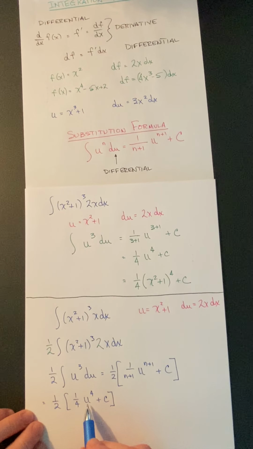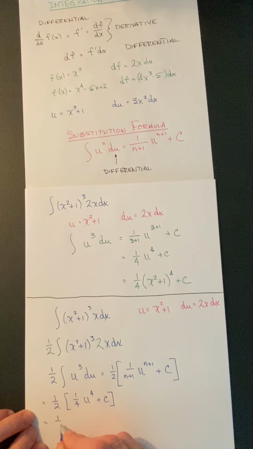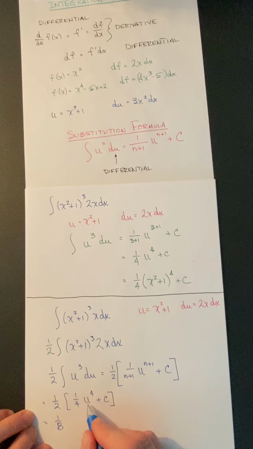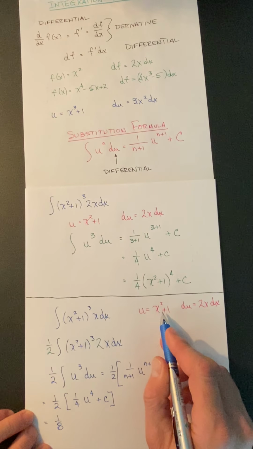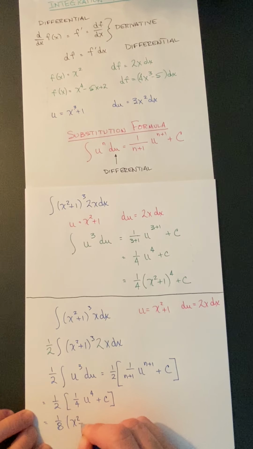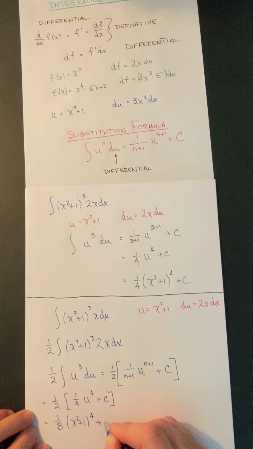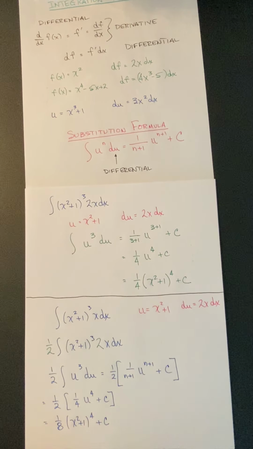So now can't I substitute? And while I'm substituting, I can multiply this 1/4 and this 1/2 to get 1/8. And when I substitute in for u, it's x squared plus 1, x squared plus 1 to the 4th power plus c.